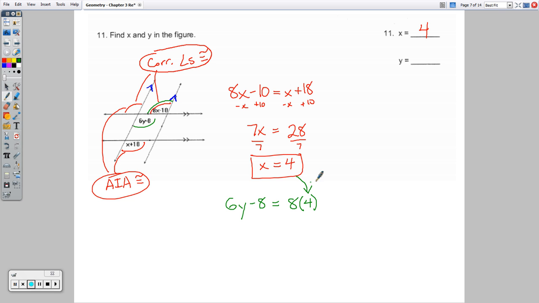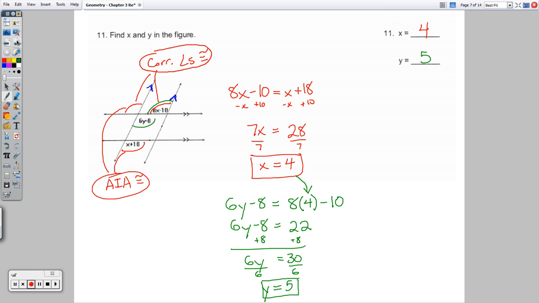Now I can plug that in right there since I know that x equals 4. That means 6y minus 8 would equal 32 minus 10, or 22. If you add 8 to both sides, you get 6y equals 30. Divide by 6 and you've got your answer for y. y equals 5 right there.